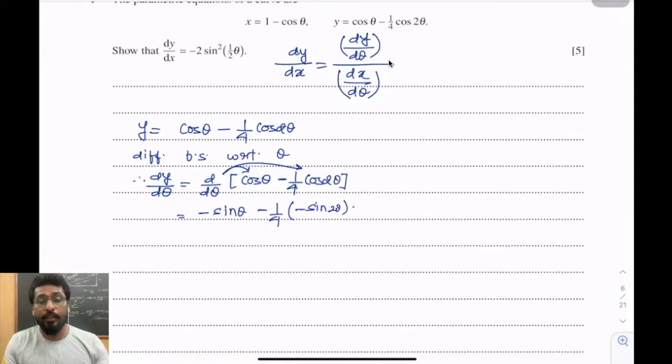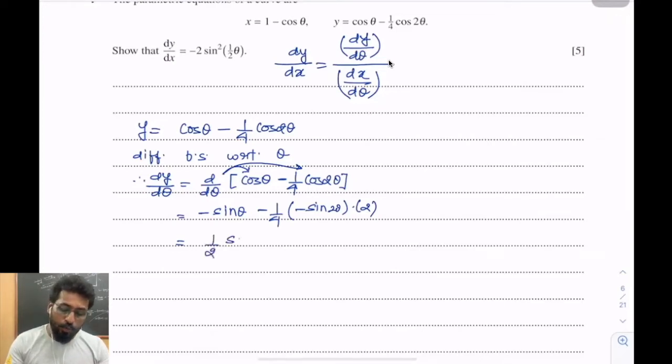I'm definitely aware that you are totally knowing this concept. So the derivative of 2 theta is going to be 2. So on simplification, the second term is now going to be positive. Minus minus becomes plus. The 2 and the 4 will cancel. So you get 1 upon 2 sine 2 theta minus sine theta.